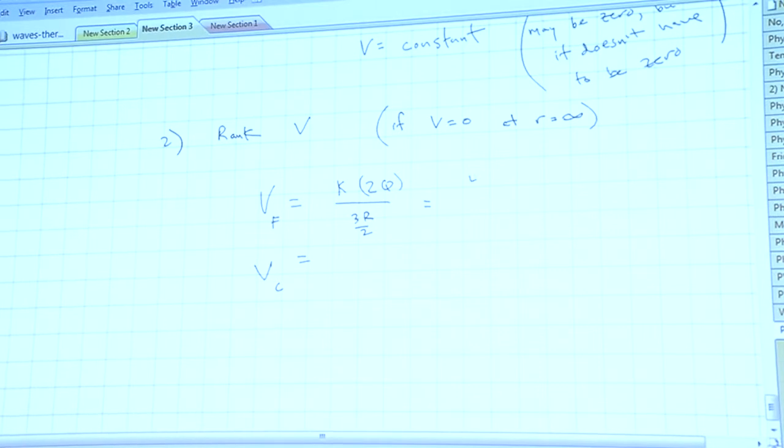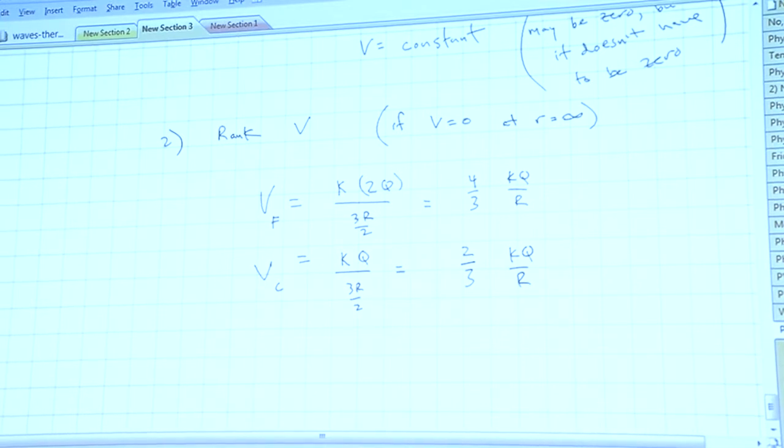And what is that? That's 4/3 KQ over R. How about C? Half as much, which we should expect, right?